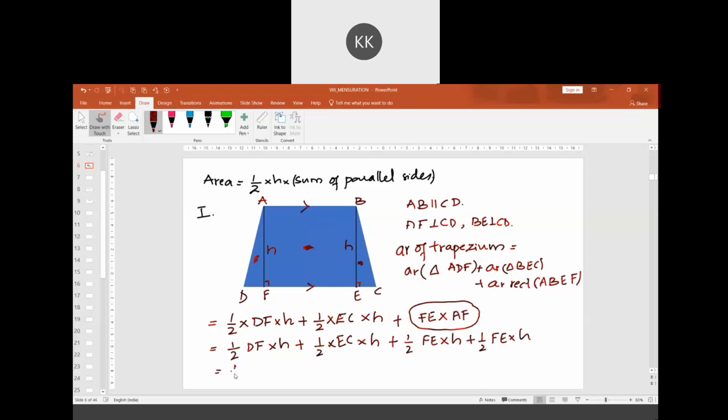So half into DF into H plus half into EC into H plus half into FE into H plus half into, instead of FE, I'll replace with AB, then multiply into H. Now half H is common throughout.